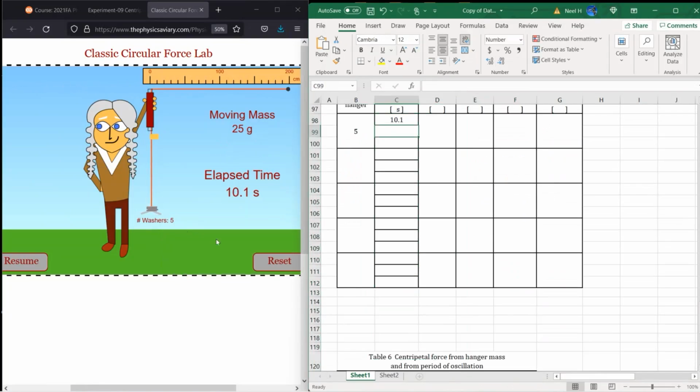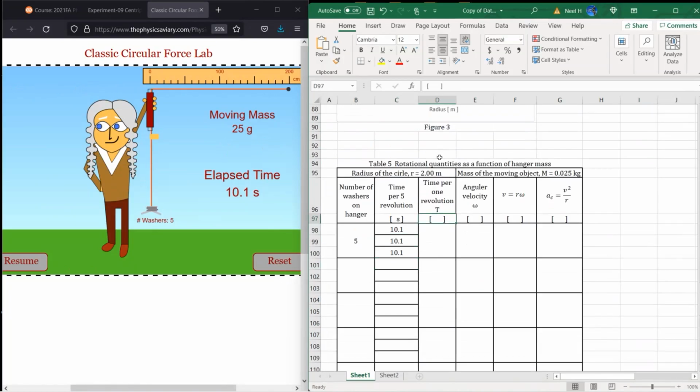Period of oscillation, direct measurements from the simulator. About the same. Let's check it out one more time. Exactly the same. There's no difference at all.